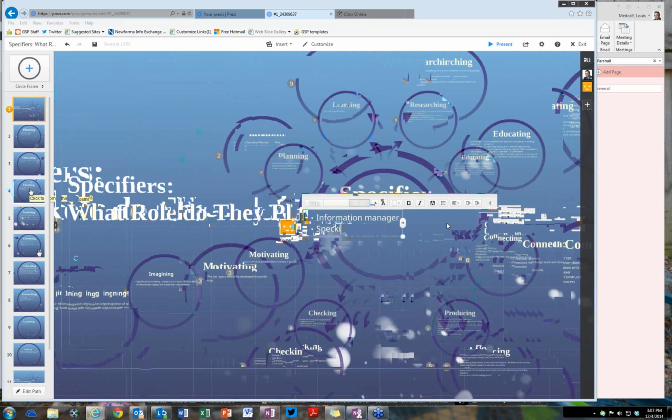Eric Lawrence suggests that the specifier is the real value engineer. Peter Sedgwick suggests project knowledge manager and specifier.